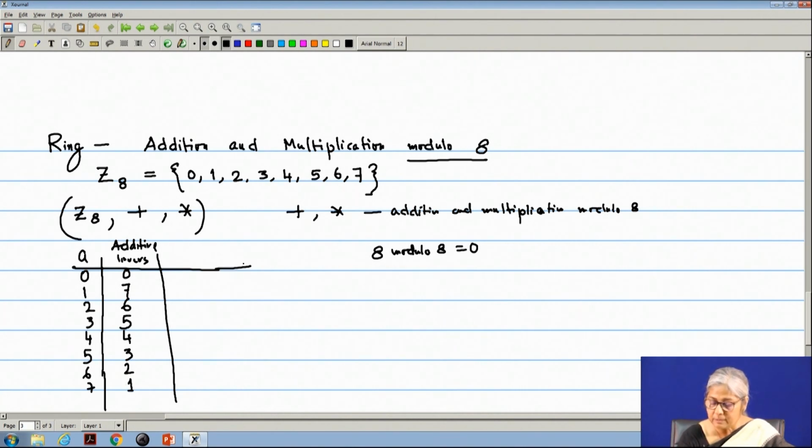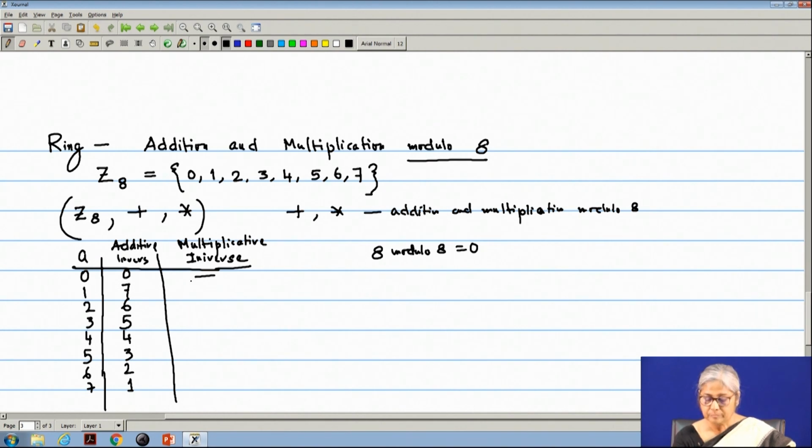When we took the same thing for the multiplicative inverse, here multiplicative means modulo 8 multiplication. For 0 we normally do not get one, because there should not be zero divisors.